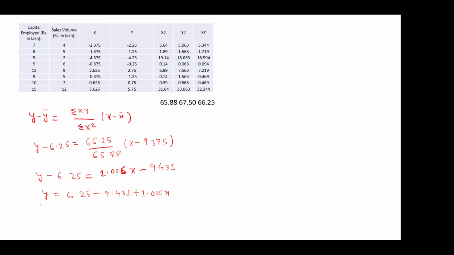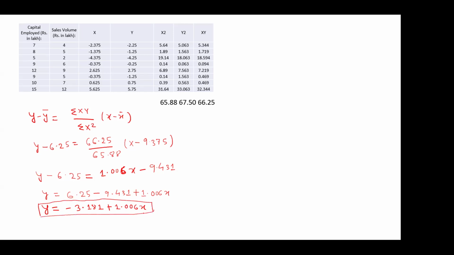So my y on x first equation: y equal to minus 3.181 plus 1.006x.